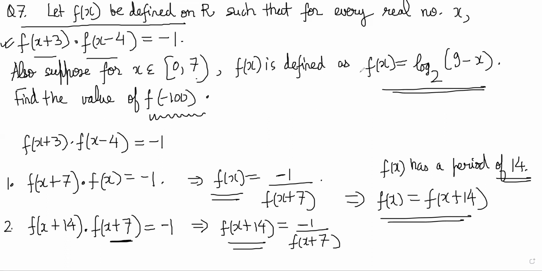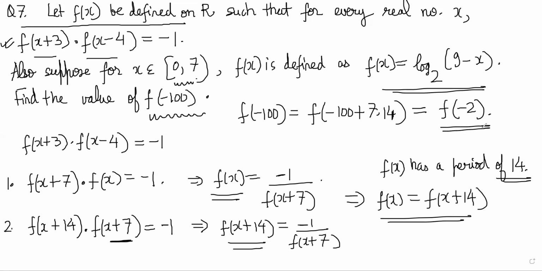So that means if I know my values from 0 to 7, I should be able to technically find the values for any other value. So we can say f of minus 100 will be the same as f of minus 100 plus 7 into 14, right? Because 14 is the period, minus 100 plus 14 would be same value. Minus 100 plus twice of 14 will also be the same value. So this will become basically f of minus 2, right?